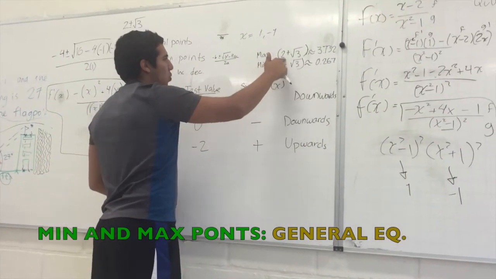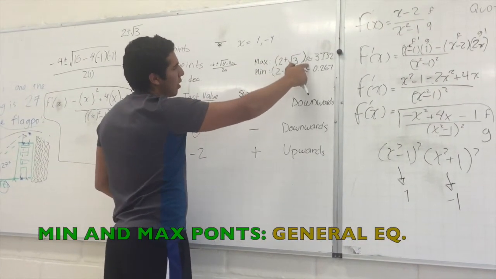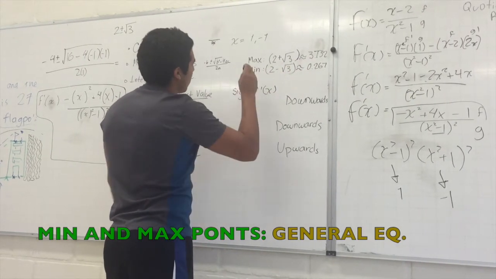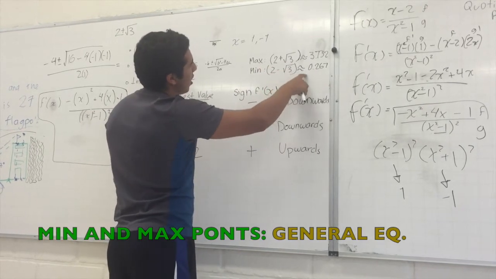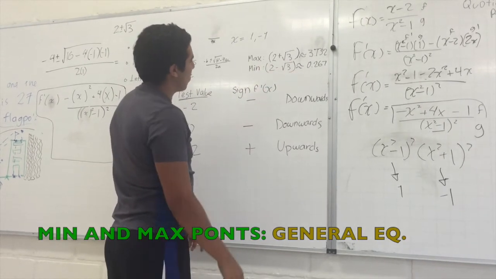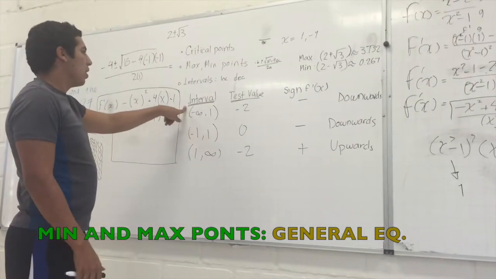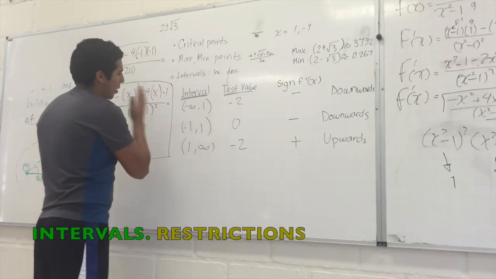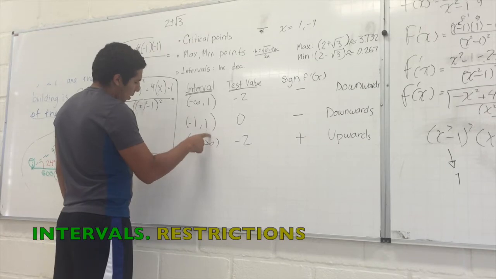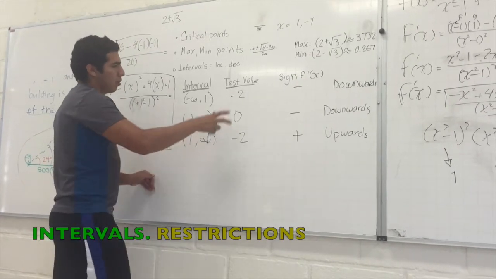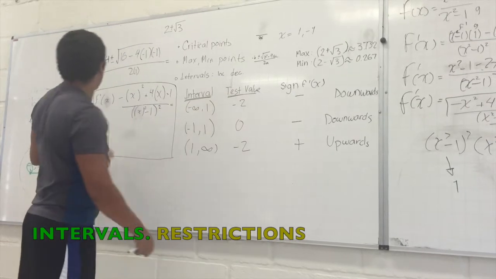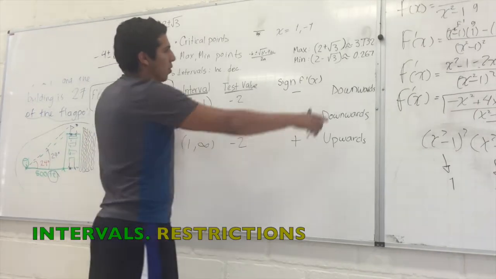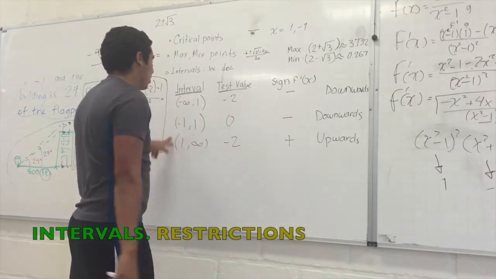The maximum is going to be 2 plus square root of 3, that is more or less 3.732. The minimum is going to be 2 minus square root of 3, that is more or less 0.267. And then intervals, we know that it's going to be 1 and minus 1. So the intervals are minus infinity to minus 1, minus 1 to 1, and 1 to infinity. We use minus 2 to see what the sign is. The sign is negative. This interval is going to go downwards, this one downwards, this one upwards.